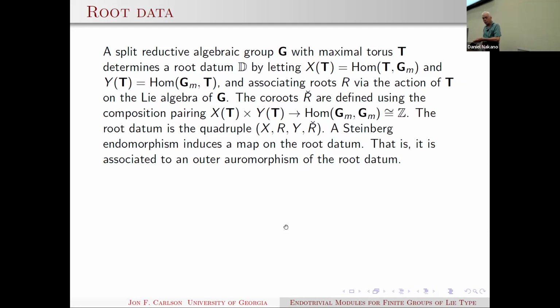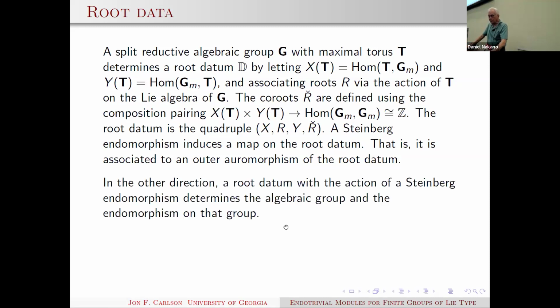If you've got a Steinberg endomorphism, this induces a map on the root datum. This is our basic setup. We're going to work from root data in this way, and you can define all sorts of stuff because this works both ways.